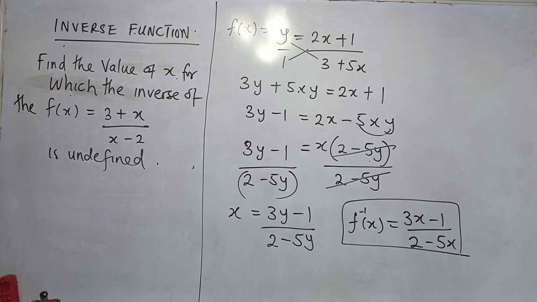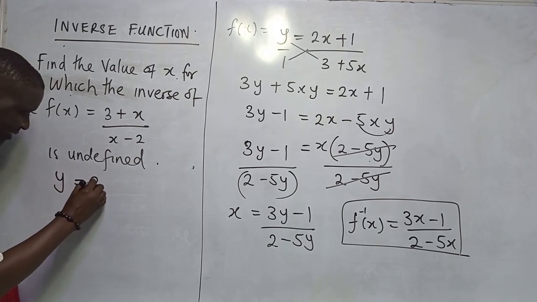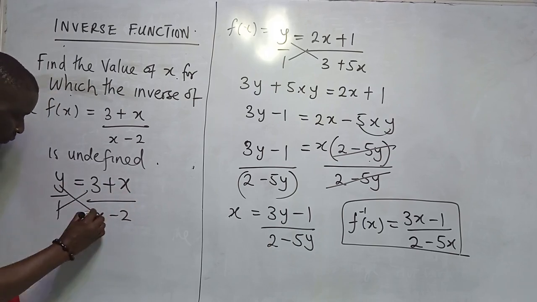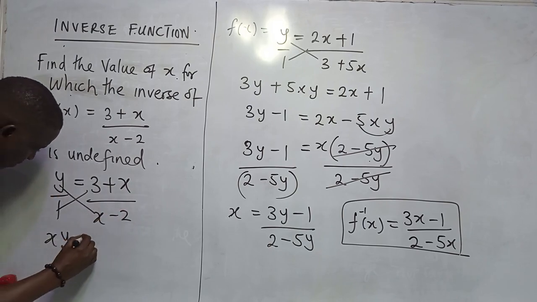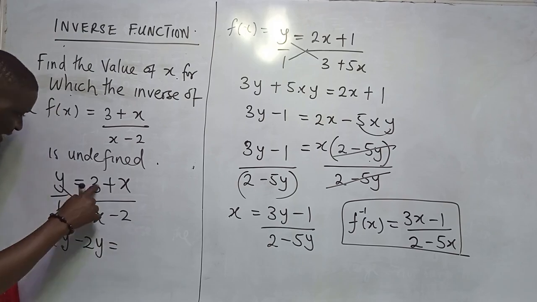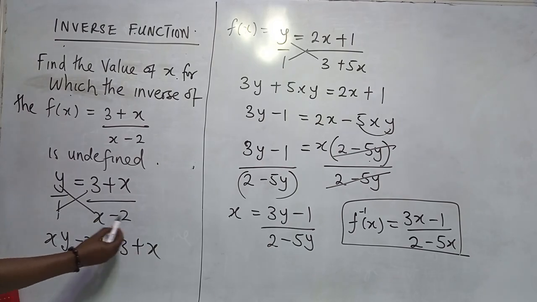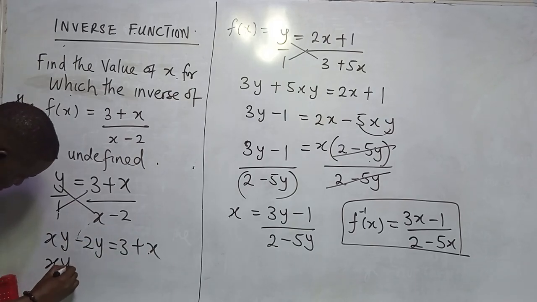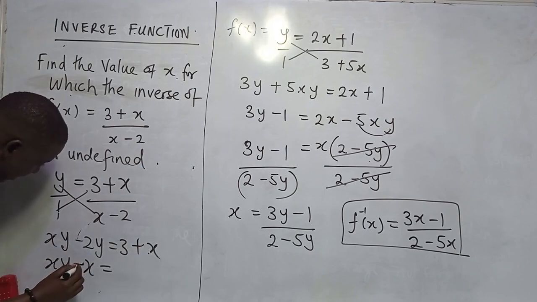Now what we're going to do simply is first of all find the inverse, and we are going to turn f of x to be equal to y, which is 3 plus x over x minus 2. We cross multiply. So we have xy minus 2y equal to 3 plus x. So collect like terms, let this x go there, and this one move to the other side. The plus x comes to this other side and becomes minus x.